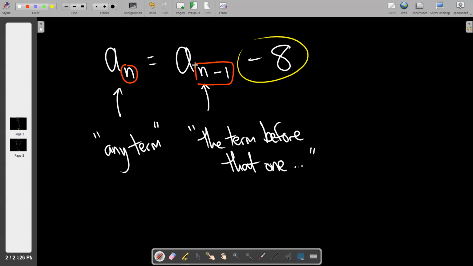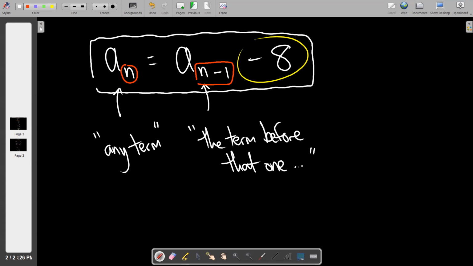So all this is describing to you in plain English is that any term can be found by taking the term that came before it. That's all a sub n minus 1 means, the term that came before n. The term before, minus 8.